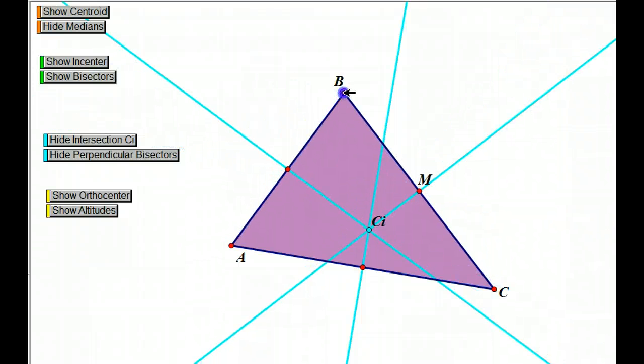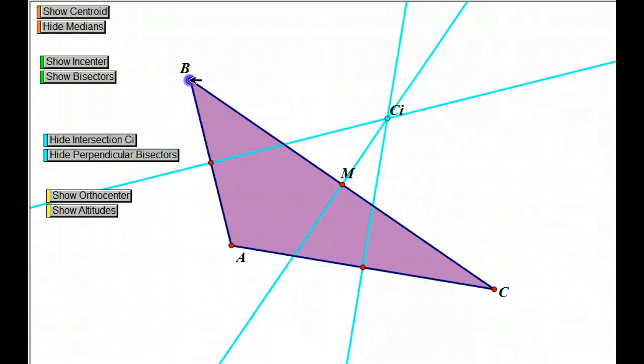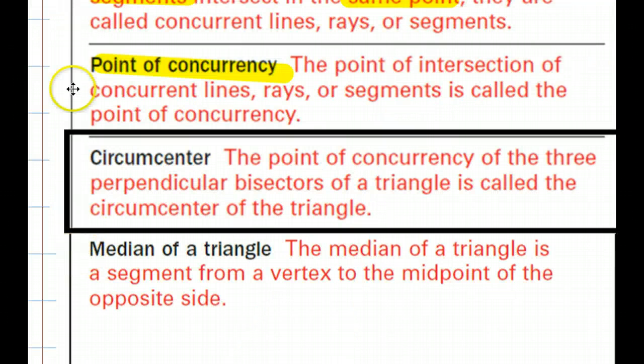For acute triangles, the circumcenter is inside the triangle, and for obtuse triangles, the circumcenter is outside the triangle. We'll talk about why we name it the circumcenter and what that means in a little bit, but it's the point of concurrency for all 3 perpendicular bisectors.